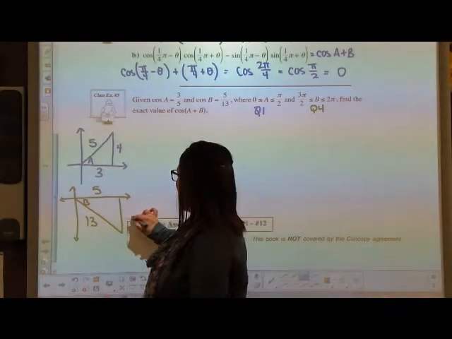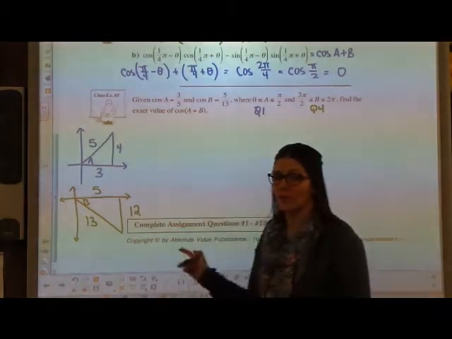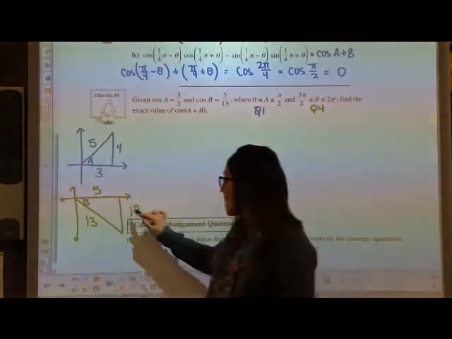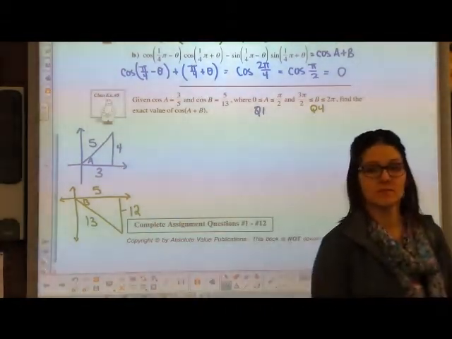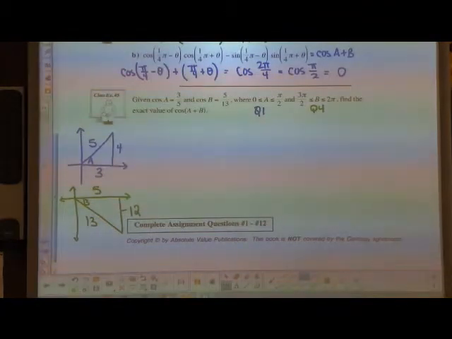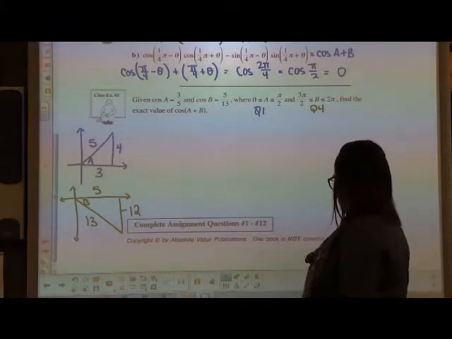Okay. But if I'm in quadrant 4, what can you tell me about that 12? Oh, negative 12. It's going to have to be negative. And the only way I would know that is knowing what quadrant I'm in and being able to sketch it. Otherwise, I wouldn't really know that it's supposed to be a negative 12. Okay?